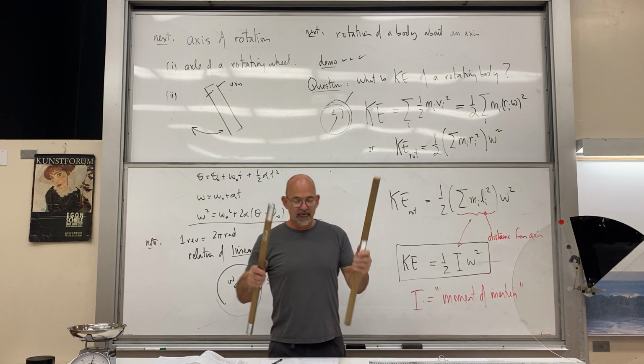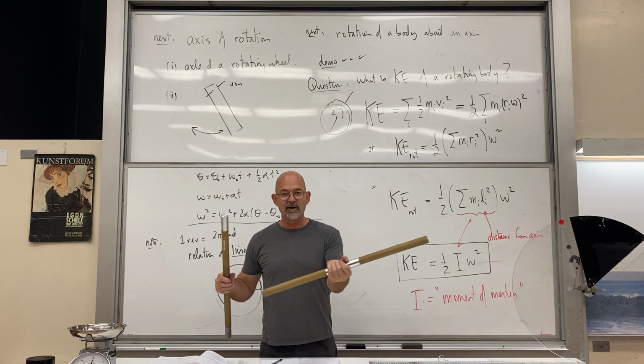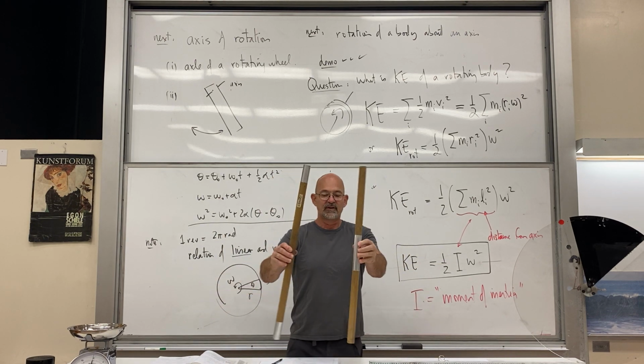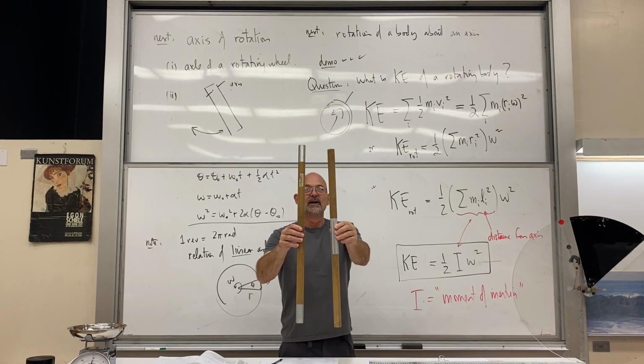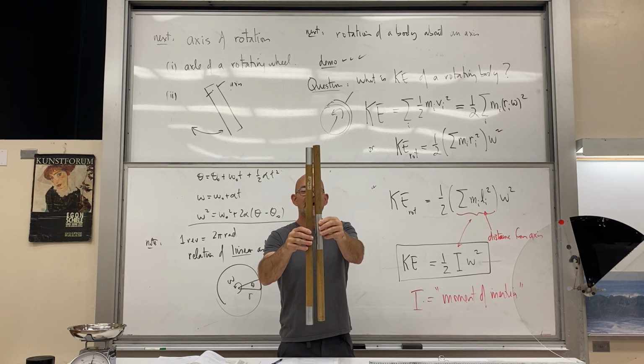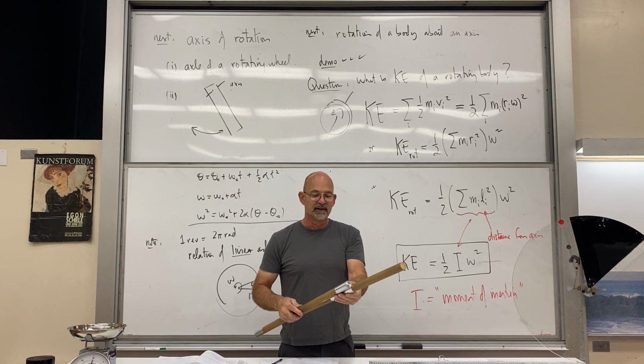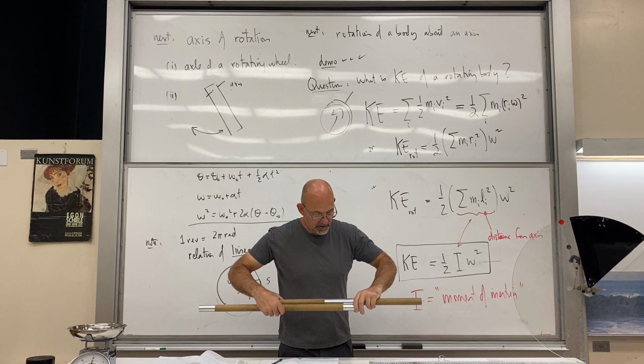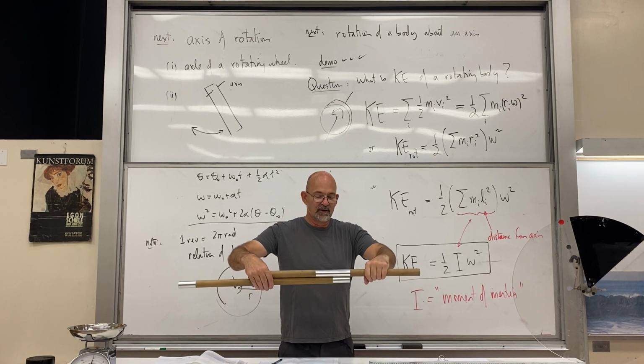But this is an interesting example I already showed you. Looking at these bars a little more closely, we see that they're the same length and they have the same amount of metal. There are these nicely machined aluminum or steel dowels here.